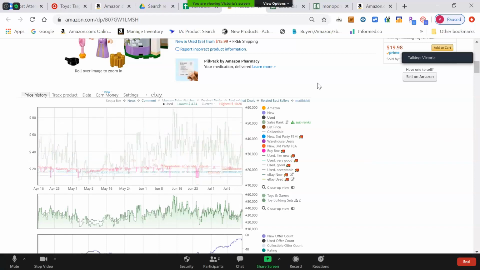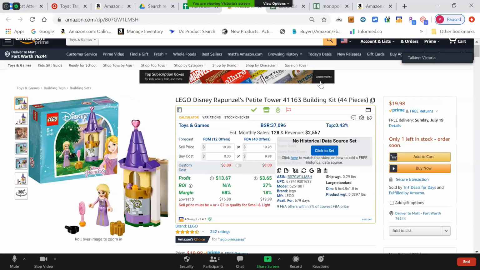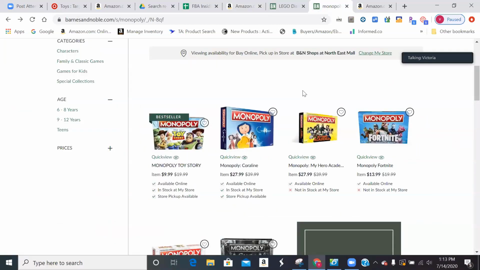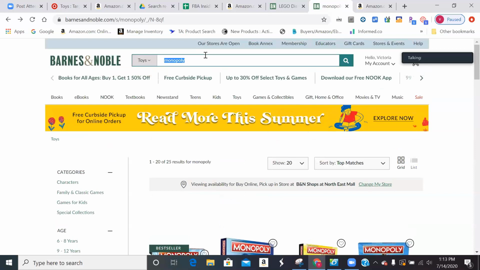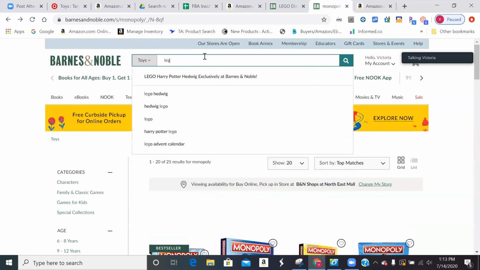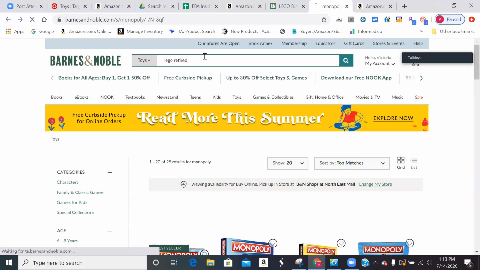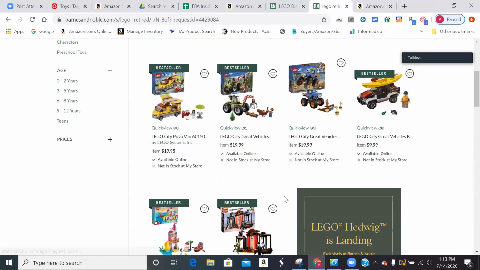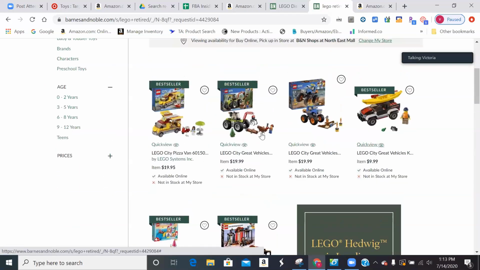Sure, absolutely. And then, just to go back into the website, you can type in on Barnes and Noble Lego and retire. And it will give you all of the ones that are retiring soon. So you pick one. This one's still available online.